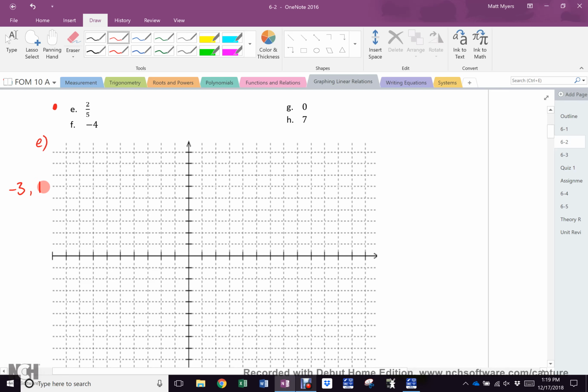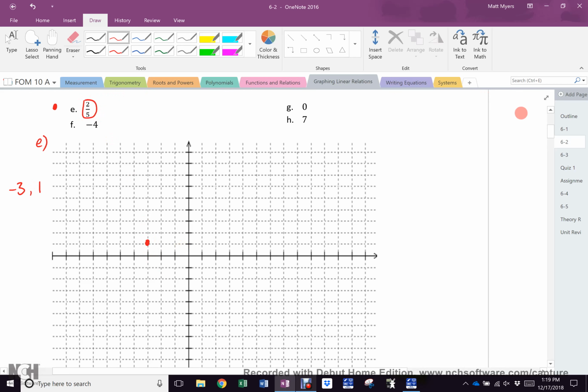That is a point on the graph. Everybody put a dot at your point on the graph. Now, I want you to draw me a line from that point that has that slope.